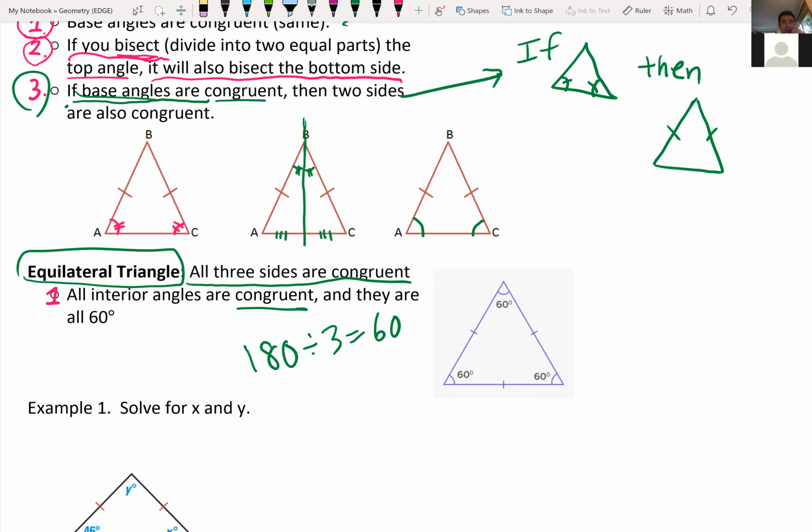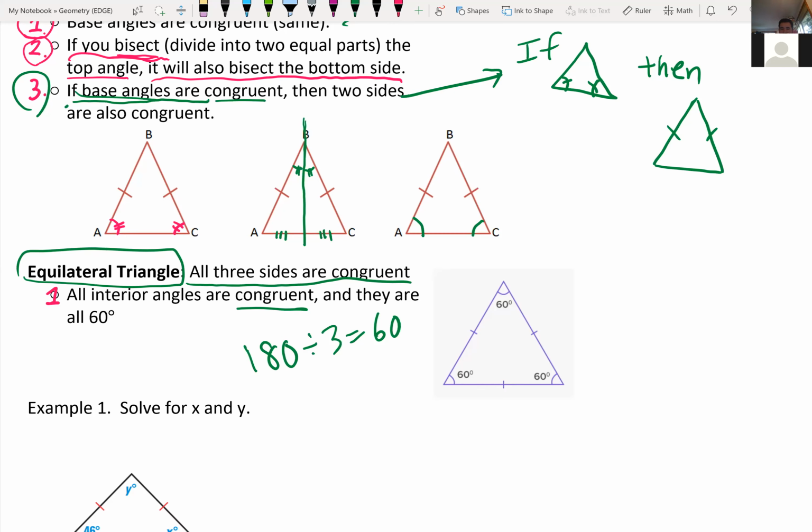It's always true. And the reverse actually is the same. If all the angles are 60 degrees, then it is an equilateral triangle. All the sides are also going to be the same too. I guess we could add that, so again, the reverse of number one is also true. If the interior angles are all the same, 60 degrees, then all the sides are also going to be the same.